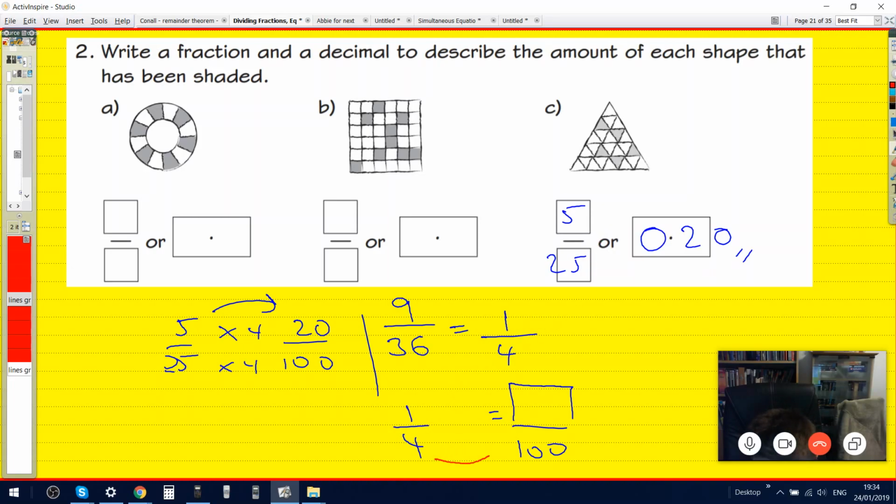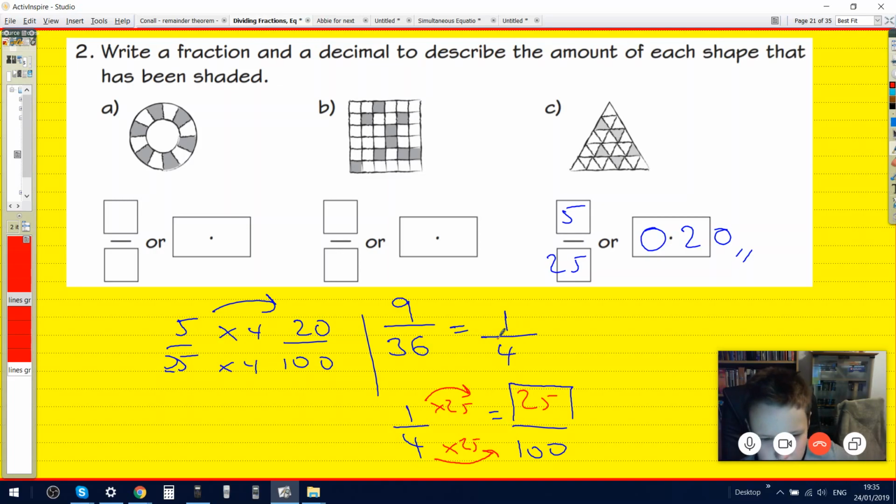So 4 times what gives 100? 25. Yeah. And 1 times 25 is 25. So 1/4 is the same as 25 over 100.